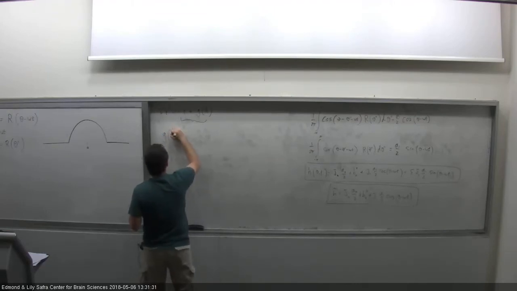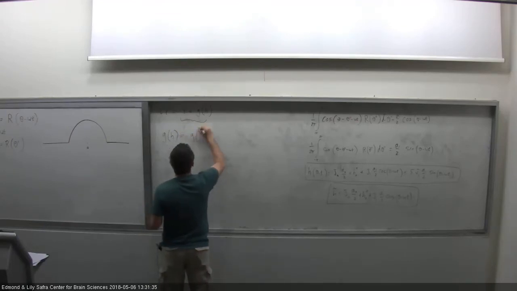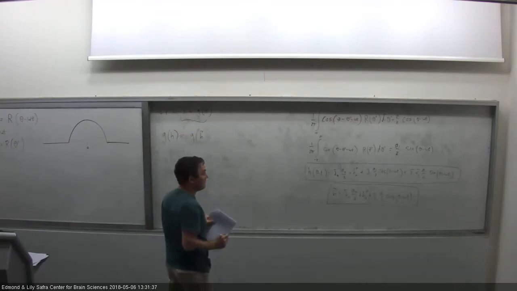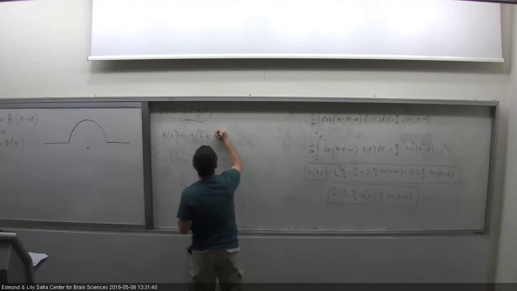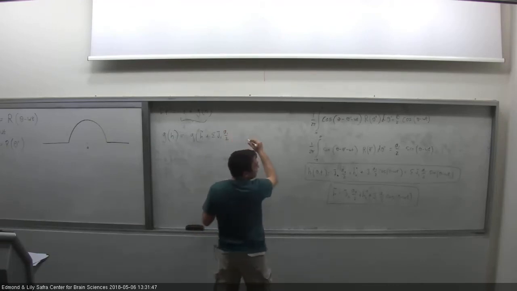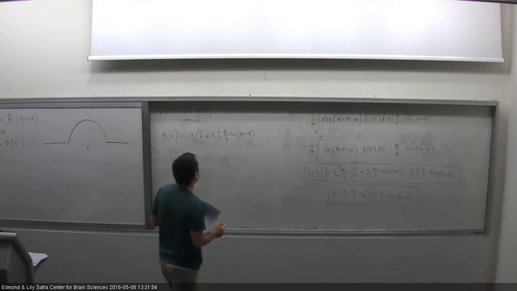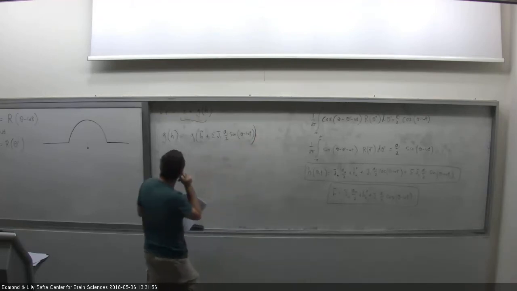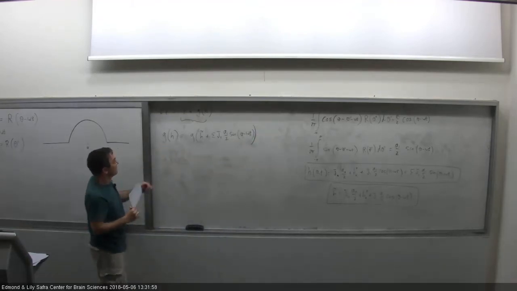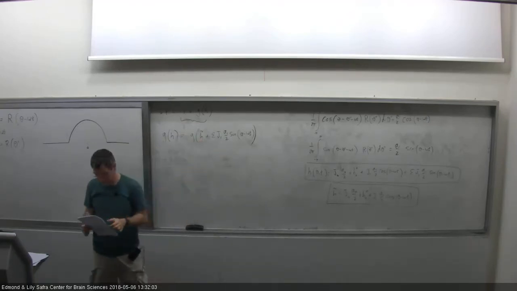G of H is equal to G of H tilde plus epsilon J1 A1 over 2 sine of theta minus wt. So the input is the original input plus a small perturbation.